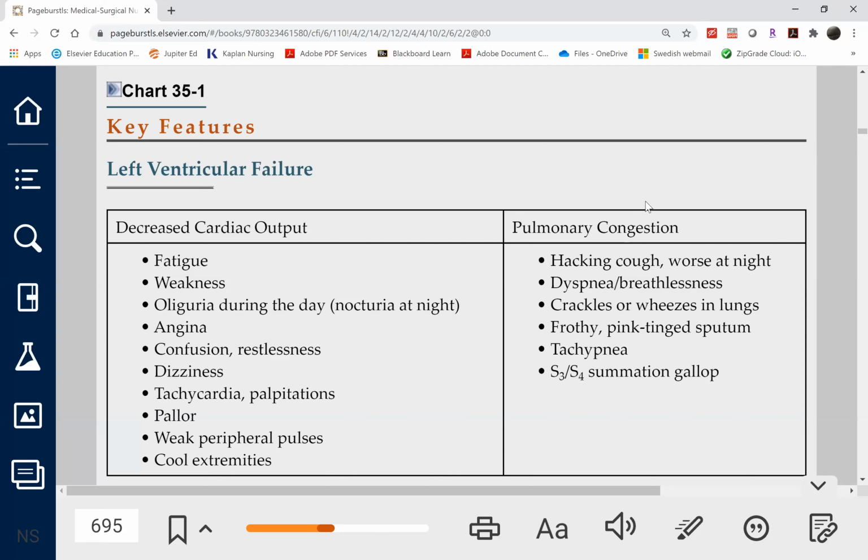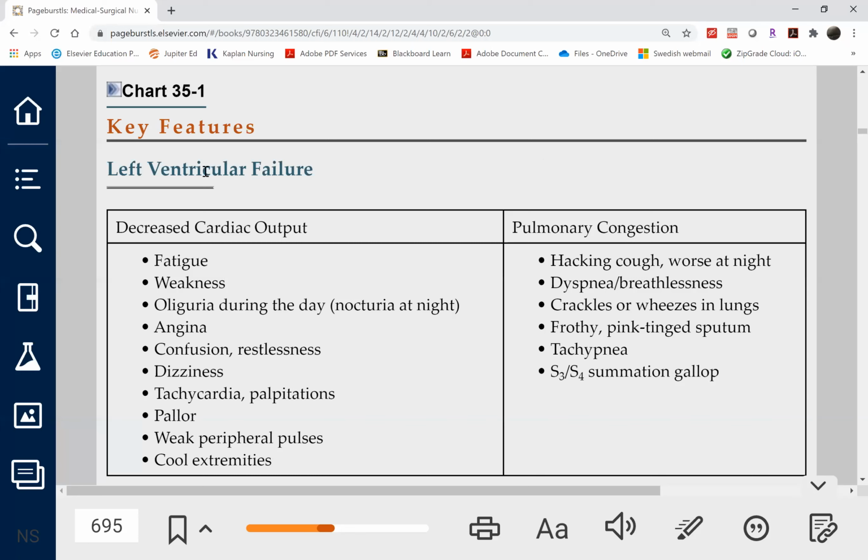Can it do both when it's in failure? No. So there is decreased cardiac output, plus there will be pulmonary congestion, because if it can't get rid of the blood in the left ventricle, whatever blood was supposed to enter it has to back up somewhere.